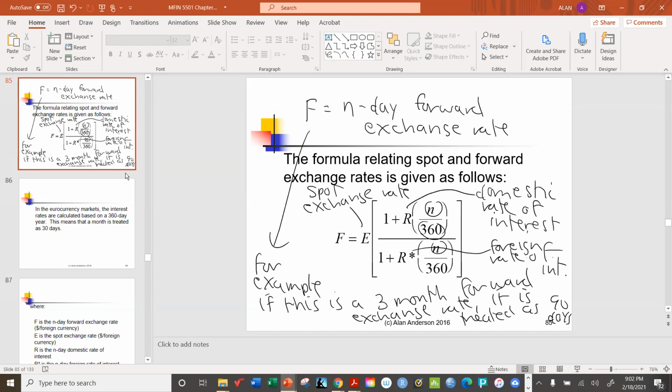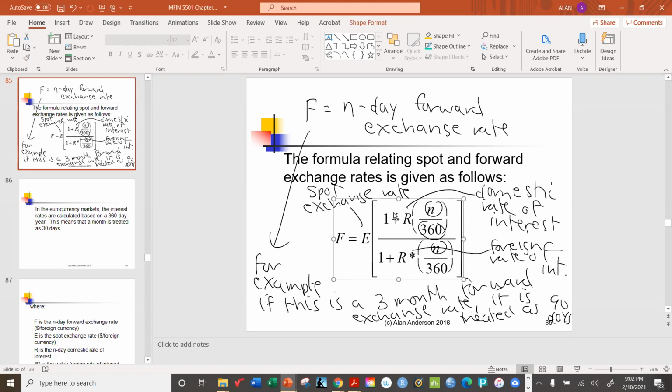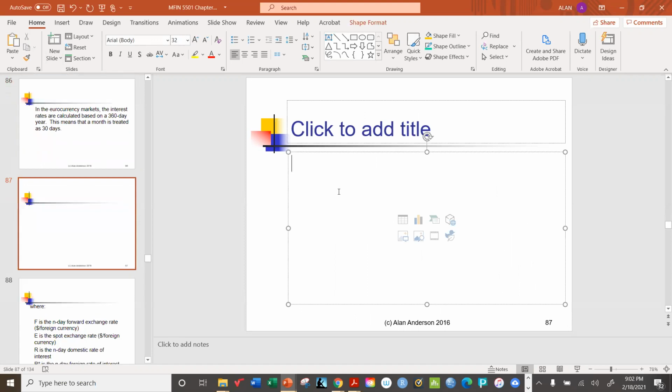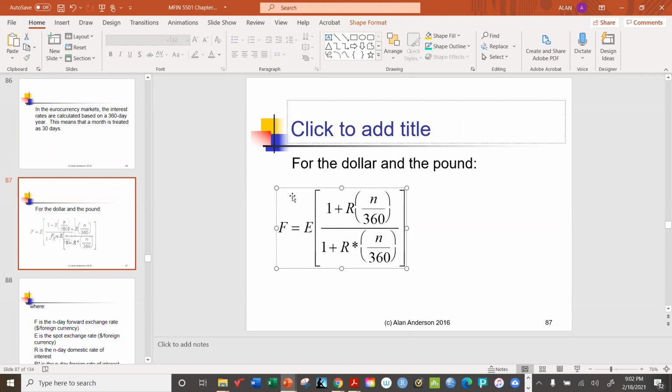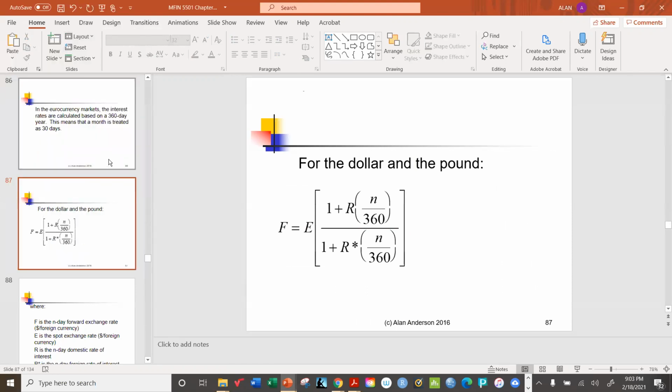All right, so for example, let's just say that we're looking at the dollar and the pound. So this is the formula. What that means is that F is quoted as dollars per pound.